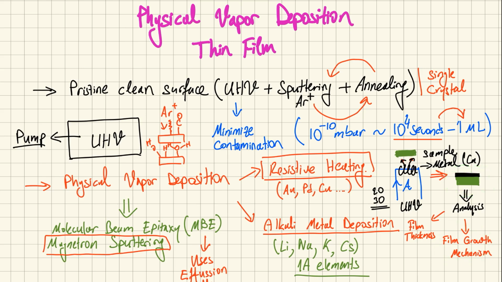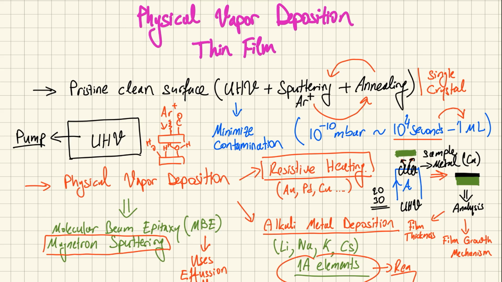So these are possible. But if you want to deposit lithium, sodium, potassium, or cesium, the 1A elements, these elements are very reactive, as you know. Therefore, you need a different method. It is very similar and easy, since there is another method called alkali metal deposition.